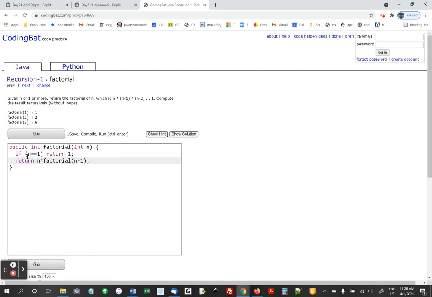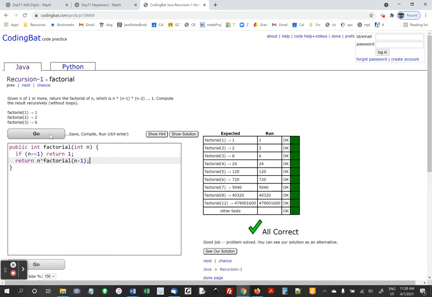I think that'll do it. So if n was 3, it would first return 3 times and then call it with 2, and then it would say 2 times, call it with 1, and when it's 1, it returns 1. So we end up with 3 times 2 times 1. Anyway, we just checked it. Not too bad, not too hard.